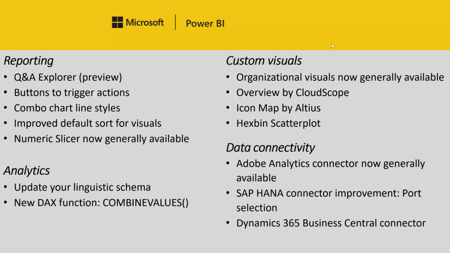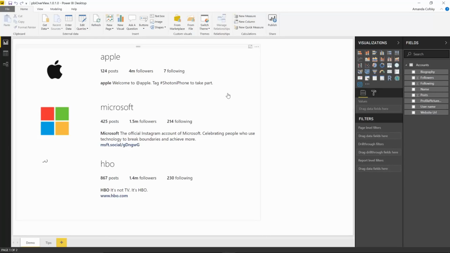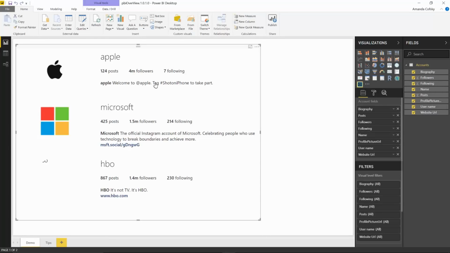Moving on to the new custom visuals for this month, the first is Overview by CloudScope. This visual is really good about showing list data in a form similar to what you might be used to if you are using Instagram. So you can see a sample here. These are 3 different companies with their biography, number of posts, number of followers, number of people they're following, a picture, and you can also add things like the URL.